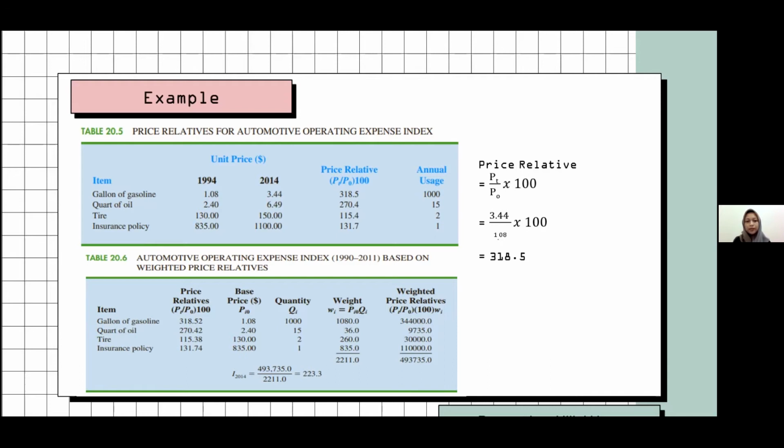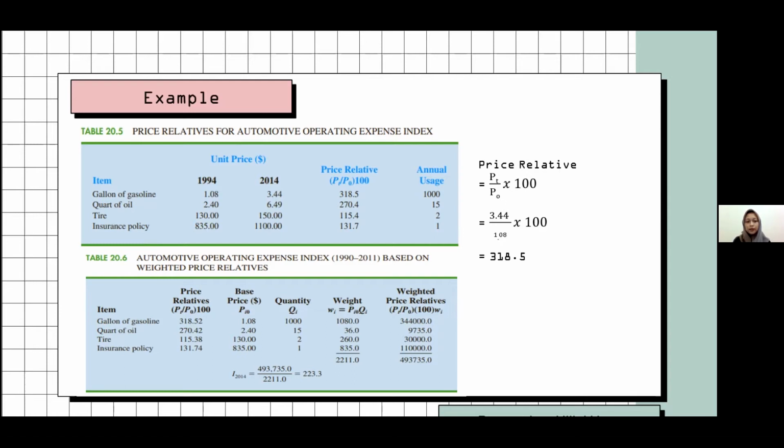Next is an example for the automotive operating expense index based on weighted price relatives. We get the weight with the formula P_i0 multiplied by Q_i, and the formula for the weighted price relative is price relative multiplied by 100 multiplied by weight. Lastly, we can calculate the weighted aggregate price index in period 2014: the total weighted price relative divided by the total weight, and the result is 223.3.